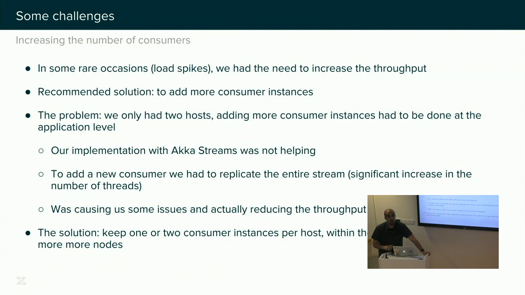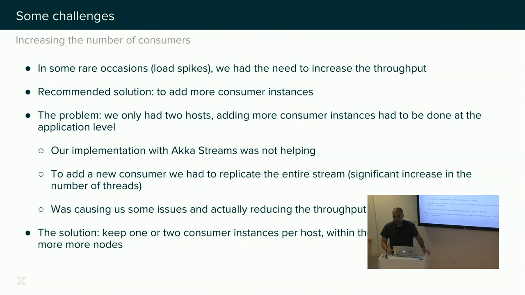The problem is that we only had 2 hosts, which means adding more consumer instances had to be done at the application level. As I mentioned before, we are using Akka streams, which does not help with this strategy.